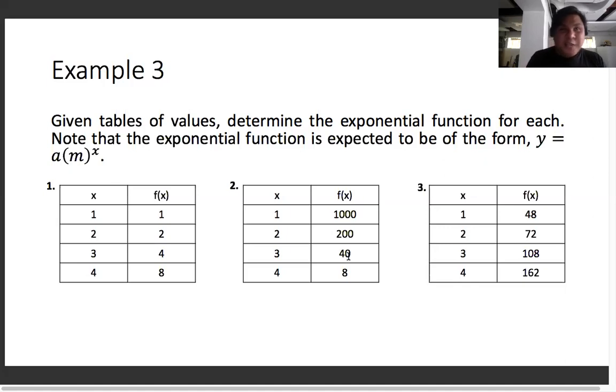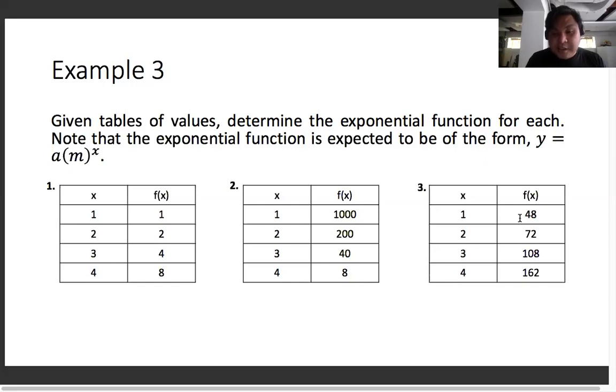Division is like multiplication with the reciprocal. So the pattern is division by 5, but in terms of multiplication, it is multiplication by 1/5. It achieves the same effect. 1,000 times 1/5 is 200. 200 times 1/5 is 40. 40 times 1/5 is 8. So the multiplier here is 1/5.